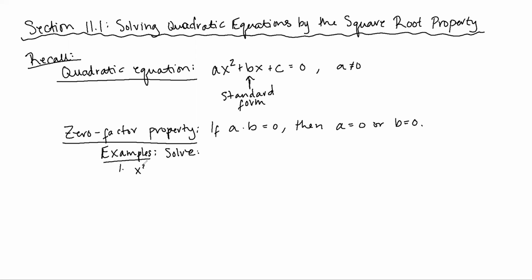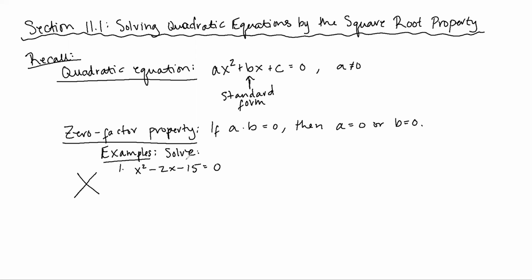So first one here, we're given x squared minus 2x minus 15 equals 0. So first thing you want to do is make sure it's in standard form and equal to 0, which it is. So let's go ahead and factor. And if you remember, I like to use the big X for factoring these, whichever you want though.